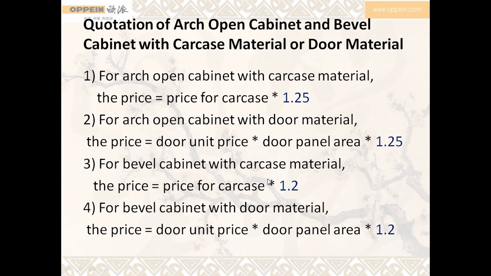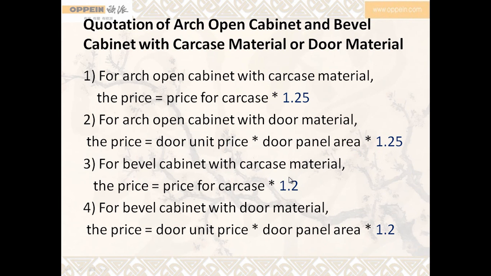Quotation of arch open cabinet and bevel cabinet with carcass material or door material. 1. For arch open cabinet with carcass material, the price equals the price for carcass multiplied by 1.25. 2. For arch open cabinet with door material, the price equals door unit price multiplied by door panel area multiplied by 1.25. 3.